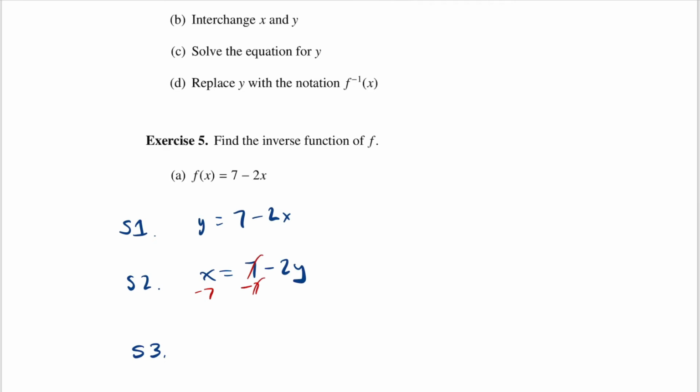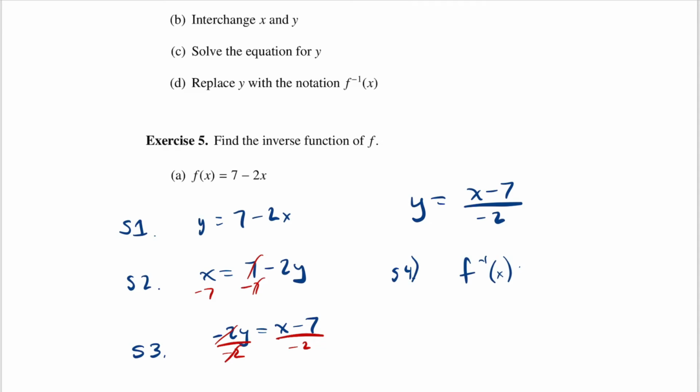So now we have negative 2y equals x minus 7. And then we divide by negative 2. So we end up with y equals x minus 7 over negative 2. And our final step is to change the notation to f inverse. And that is our final answer.